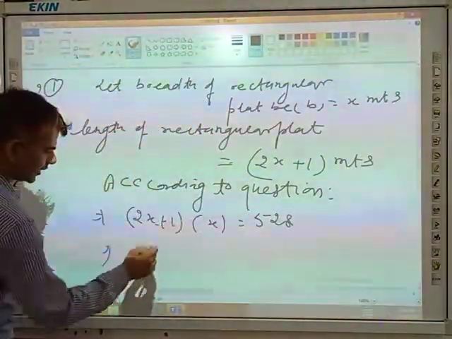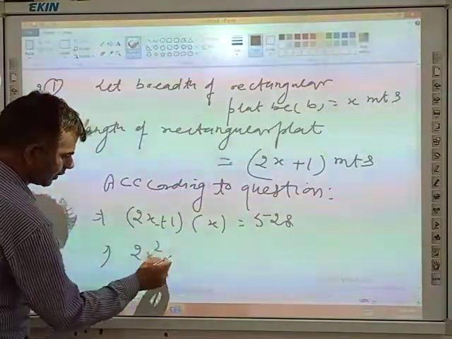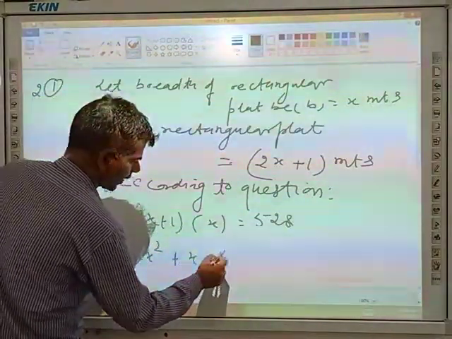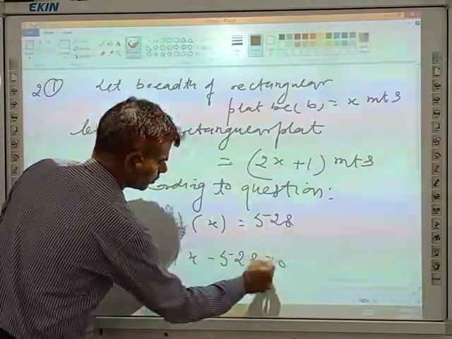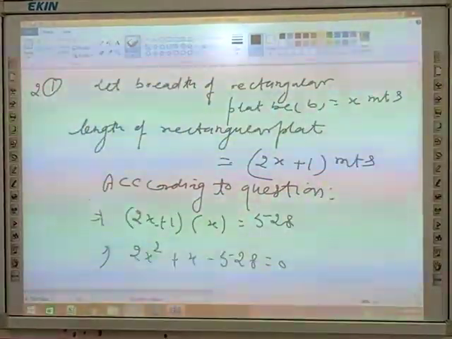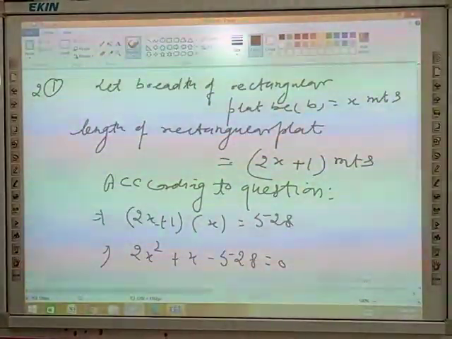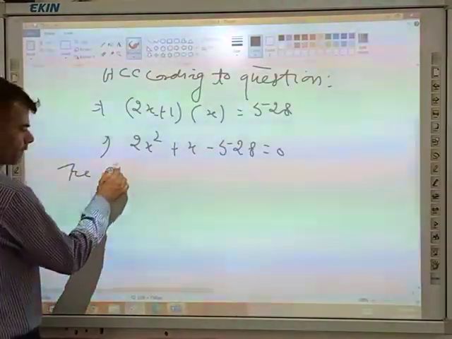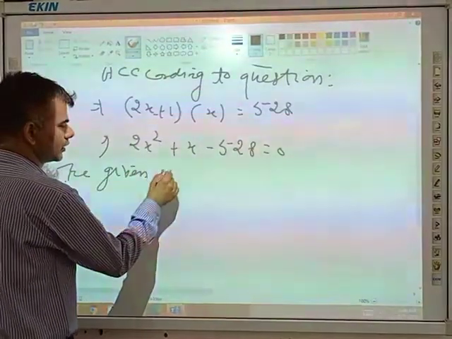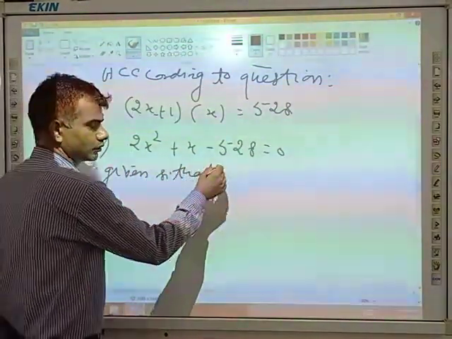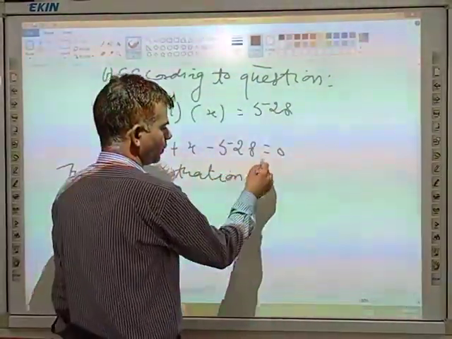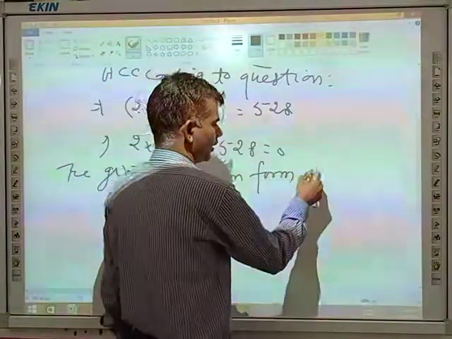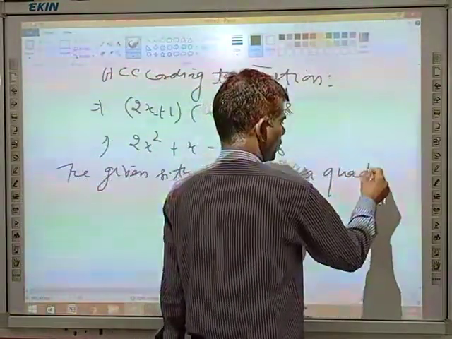It becomes 2x square plus x minus 528 is equal to 0. Students, the given situation forms a quadratic equation.